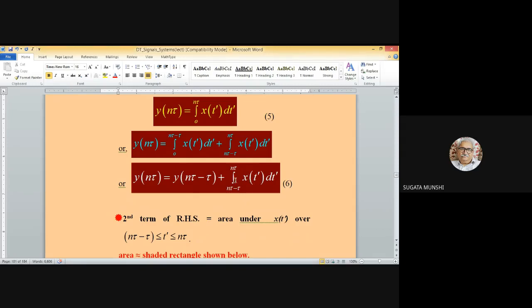Now we will consider different ways of approximating the second term on the right hand side of equation 6. The first approximation has been considered. What's the second approximation that we'll see?